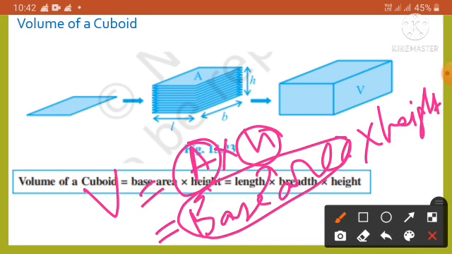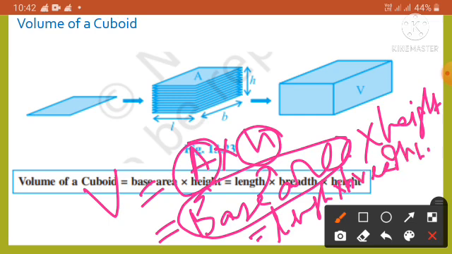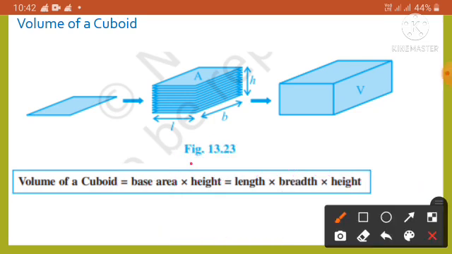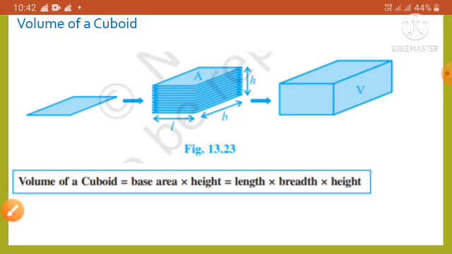We know the area is length into breadth. That means it is length into breadth into height. So volume equals length into breadth into height. Got this?